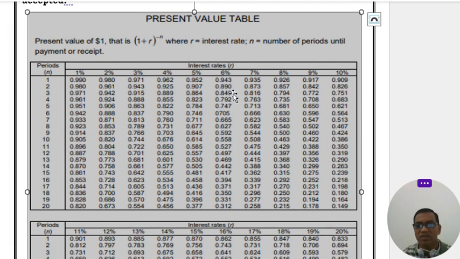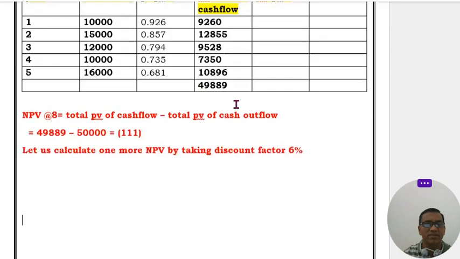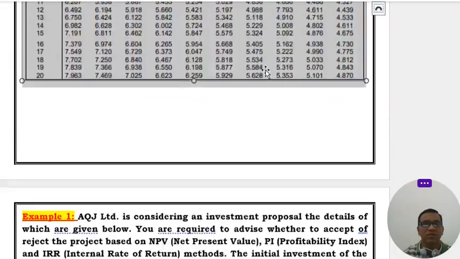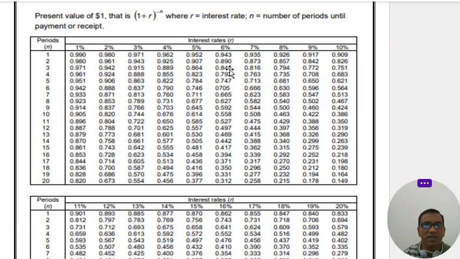What are those? 6%: 0.943, 0.890, 0.840, 0.792.